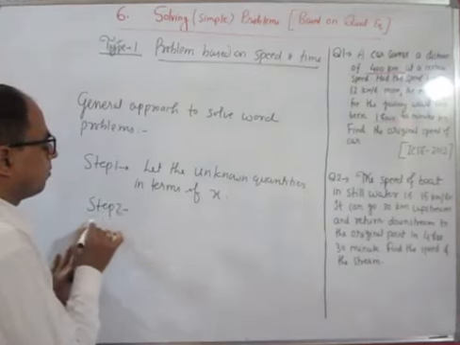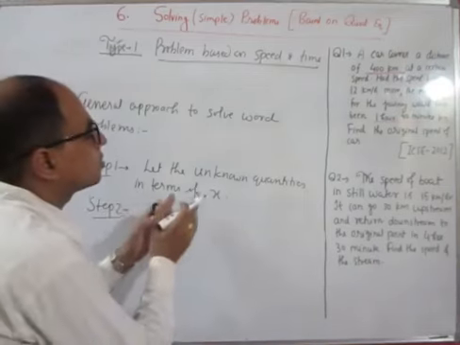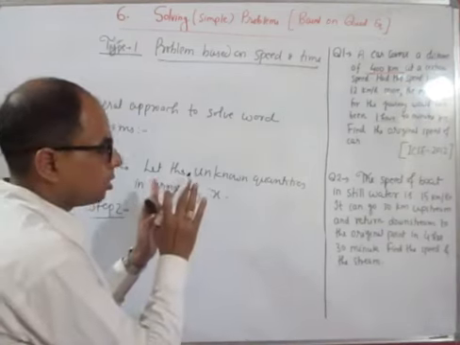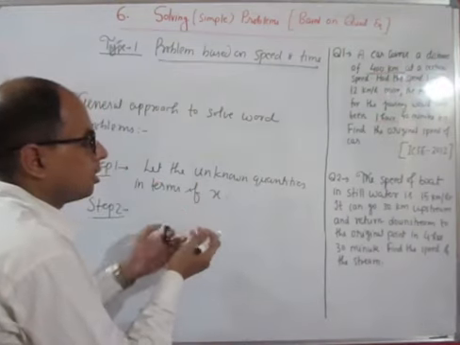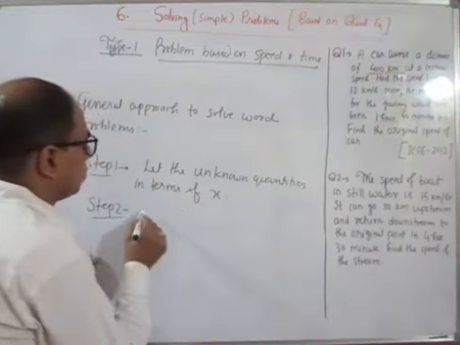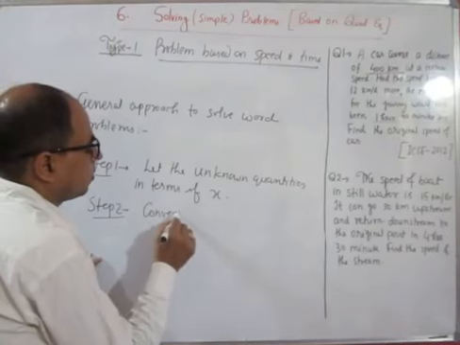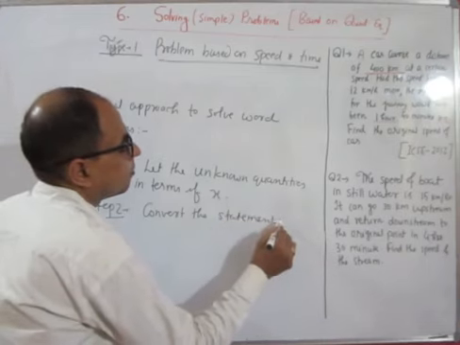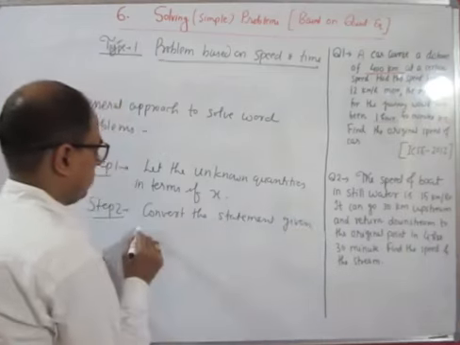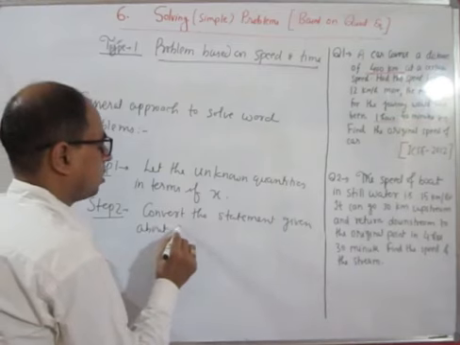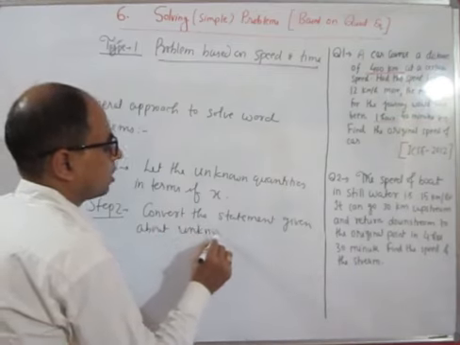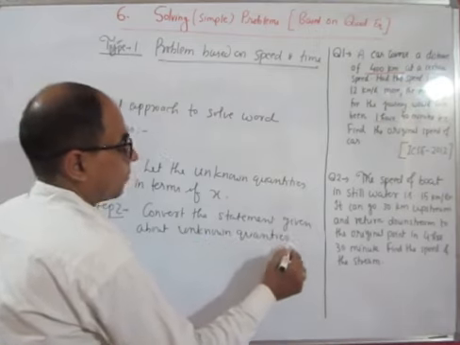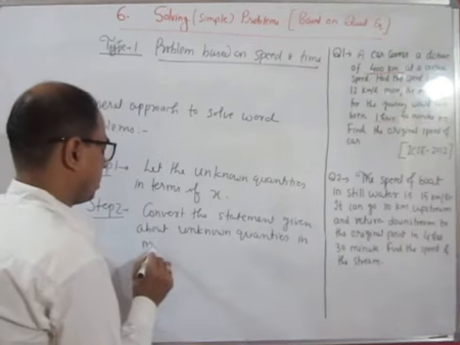Now step 2. Now some statement will be given about these unknown quantities. So using that statement, convert the statement given about unknown quantities in mathematical form.